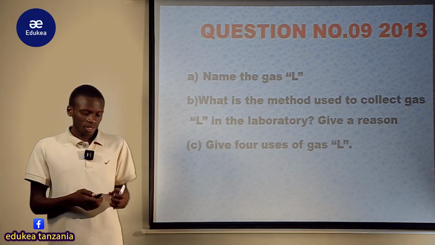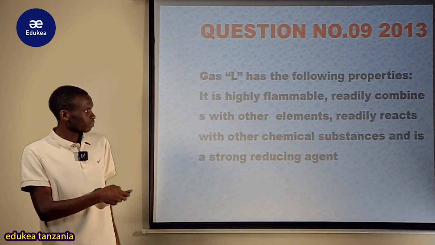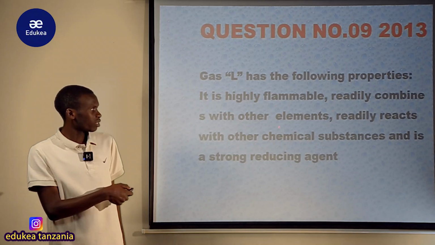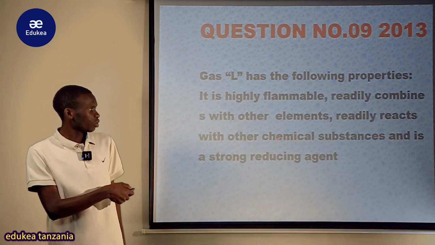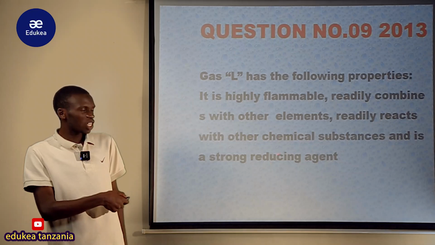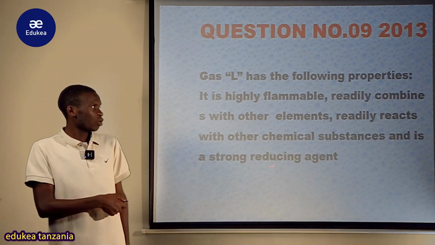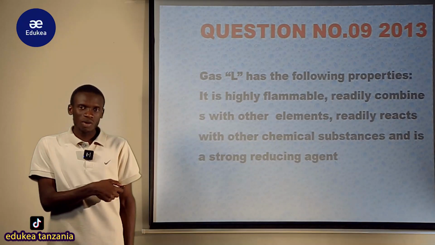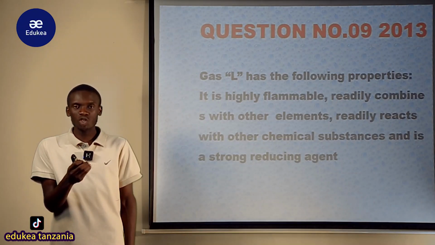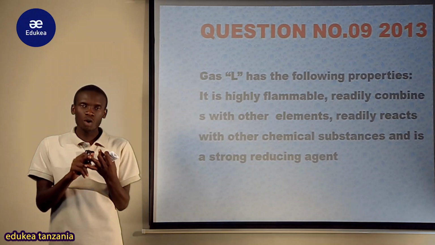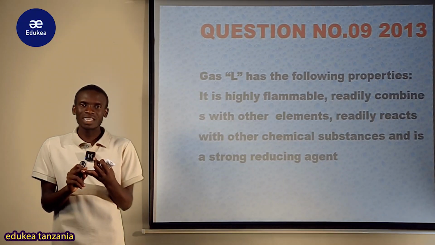In this question, if you see these properties: highly flammable, readily combines with other elements, readily reacts with other chemical substances, and is a strong reducing agent, we see that these are chemical properties of a gas. Ukiangalia chemical properties of gas ambazo umesoma, kuna hydrogen gas na oxygen gas kwenye preparation.